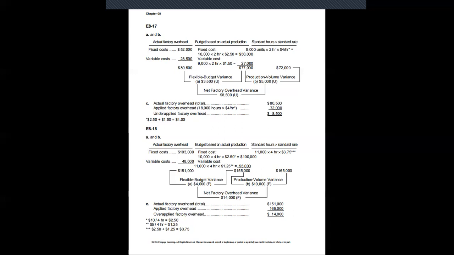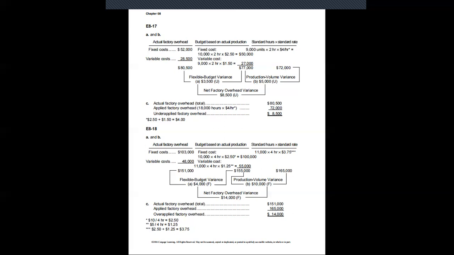So we have now the actual overhead of 80,500, and the budget based on actual production of 77,000. We have the difference of 3,500. It's the flexible budget variance, which is unfavorable because the actual factory overhead exceeds the budget based on actual production.